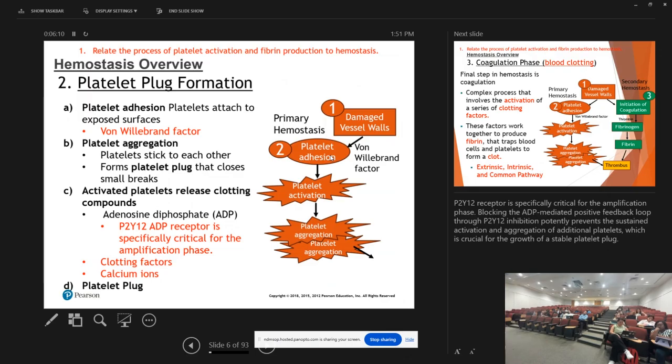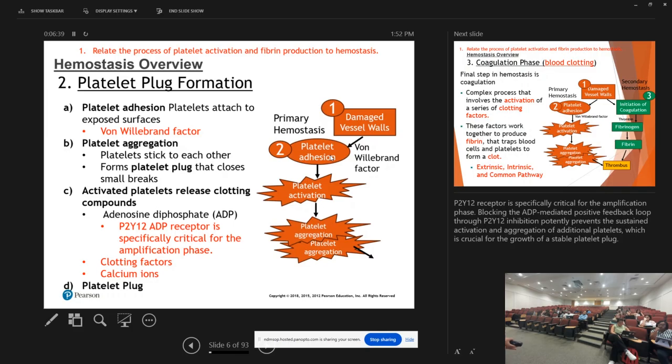So the seal has happened. Now you need to make a plug, close the hole, kind of that analogy. How does that happen? The second phase here is platelets. Platelets play a big role in this phase. When you're thinking about a blood vessel, platelets are all moving around, right? It's not like there is all or none. The platelets are there, but are they active?